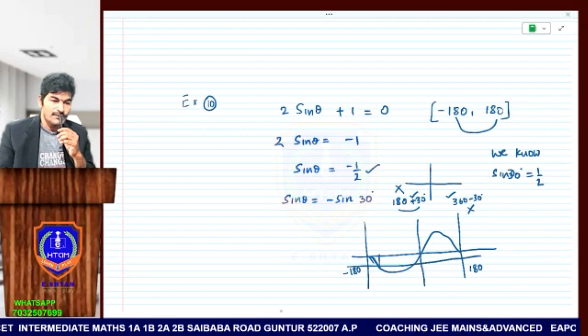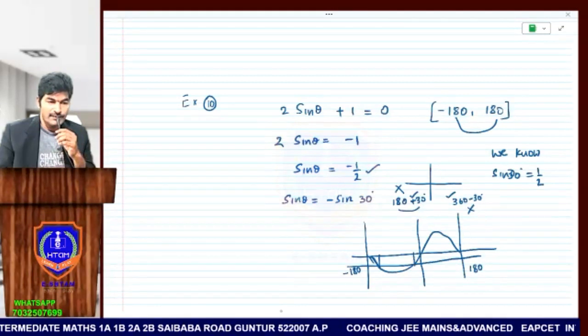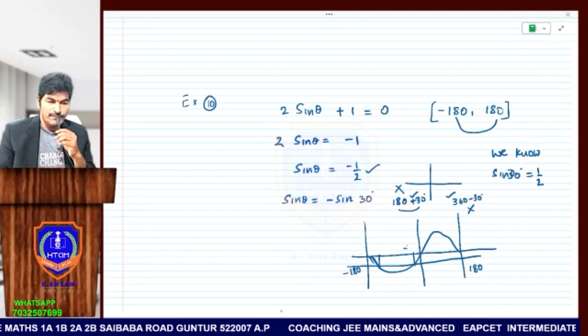Only two solutions exist between minus 180 and plus 180. The values are: 0 is subtracted from that value. This will be minus 30 degrees. And this will be, before that, minus 180.